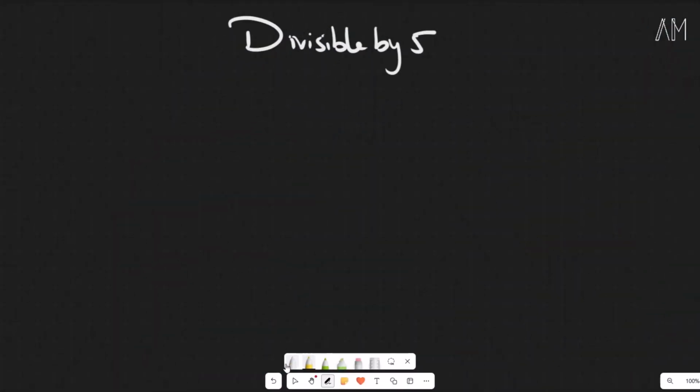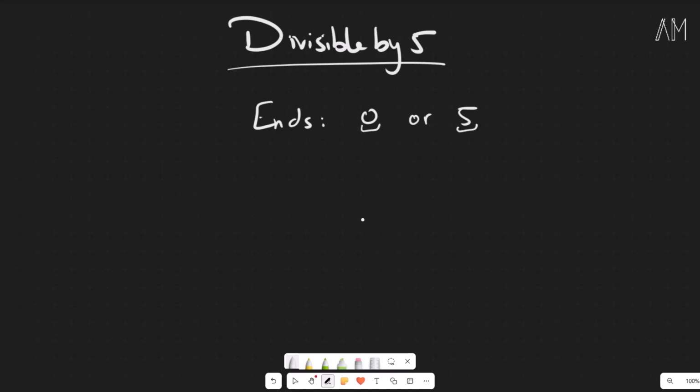The divisibility rule by 5 is very simple and easy. If a number ends with either 0 or 5, I can directly say it's divisible by 5.